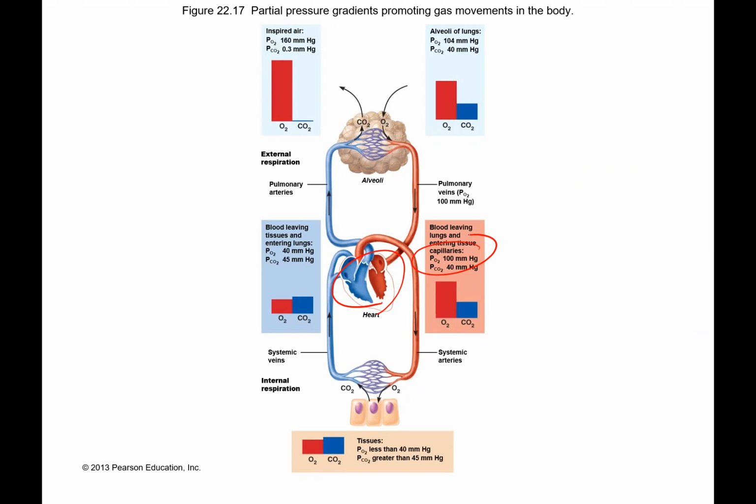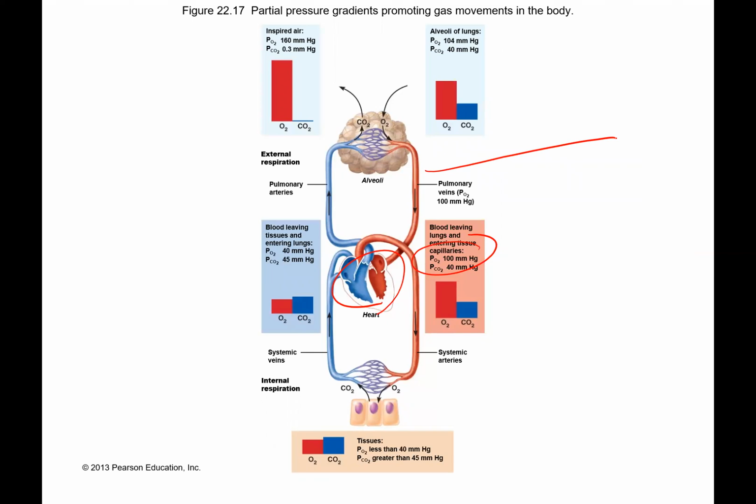In other words, the amount of oxygen in your arterial system is going to be pretty high, about 100 millimeters of mercury of your PO2, partial pressure in the artery system.